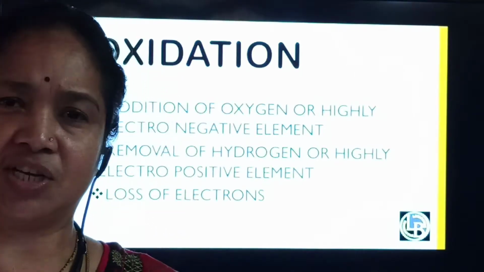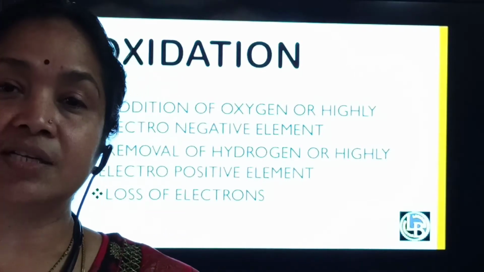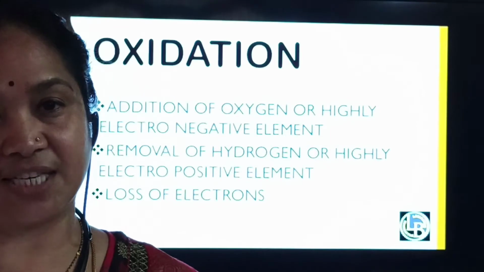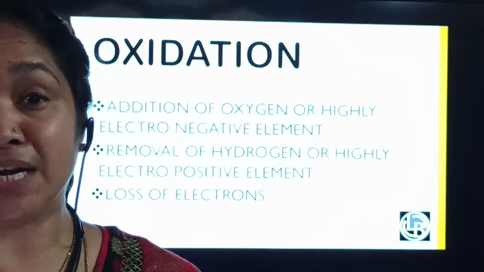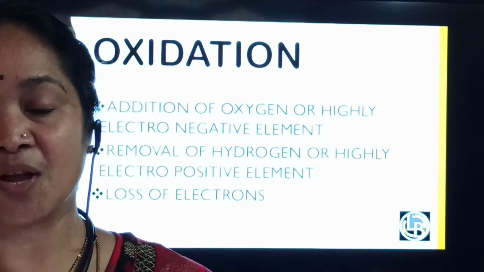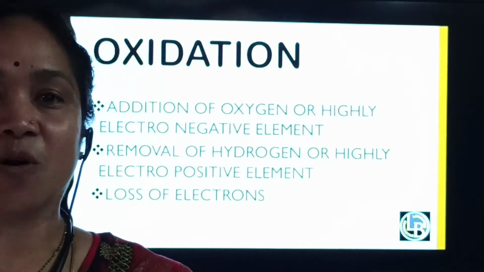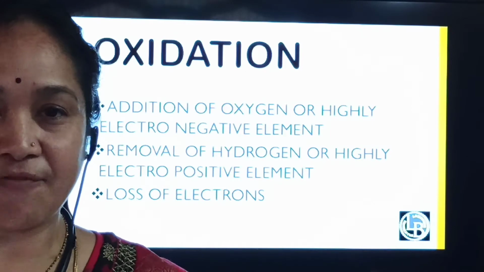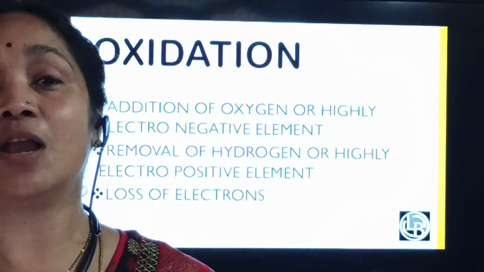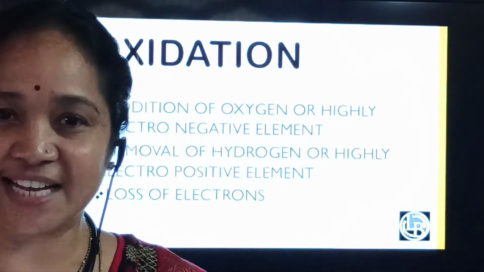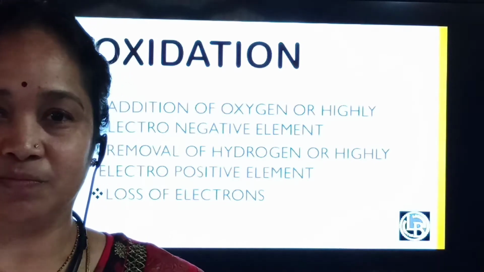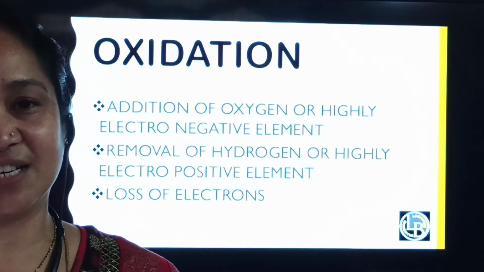What is oxidation? Oxidation means addition of oxygen or a highly electronegative element like oxygen, or removal of hydrogen or a highly electropositive element. The third definition for oxidation is loss of electrons. We call it LEO. Leo in the sense of oxidation.